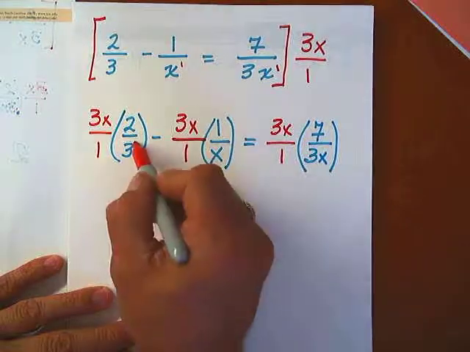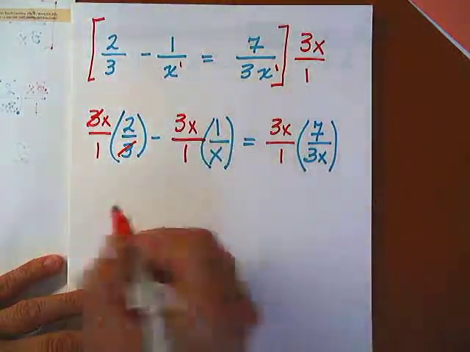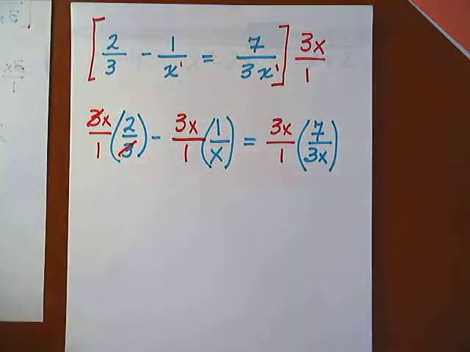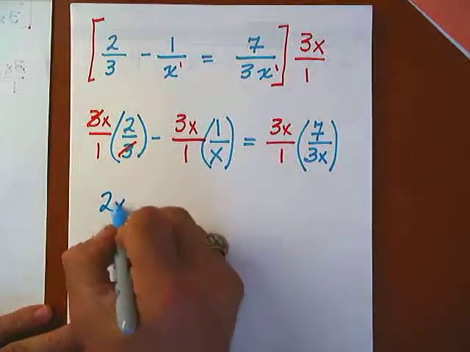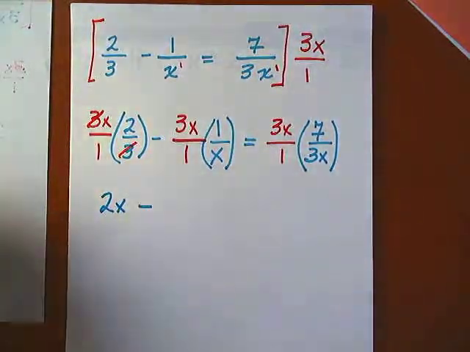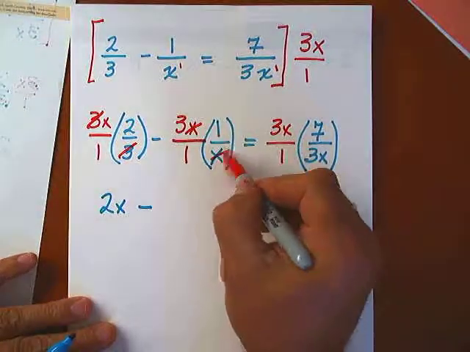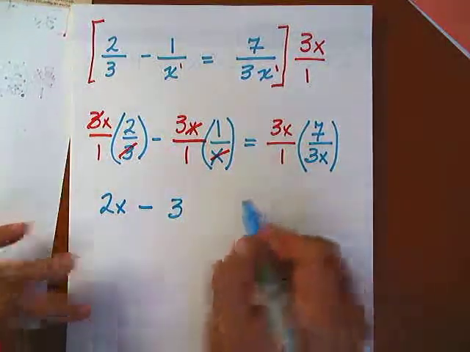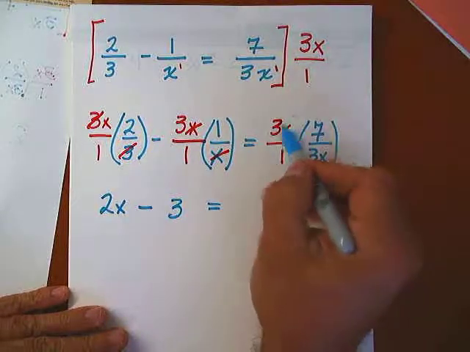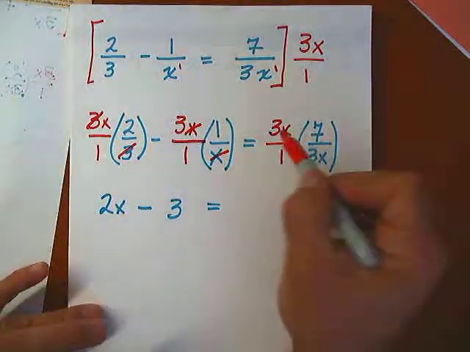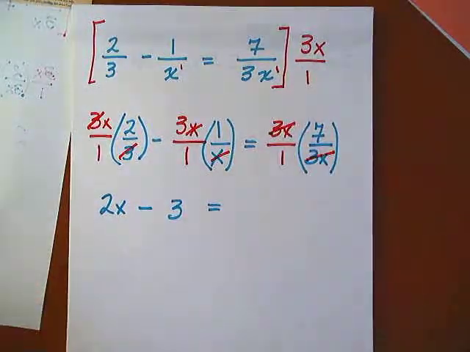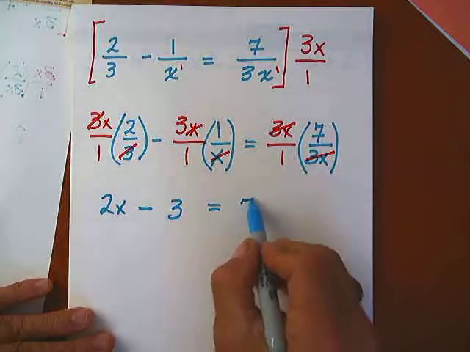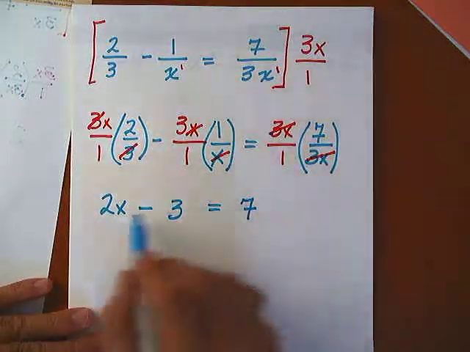Now we do our canceling, reducing, whatever you want to call it, that you learned back in 6.5. The 3's cancel. That leaves you with 2x minus the x's cancel. That leaves you with 3. And the 3x's cancel.